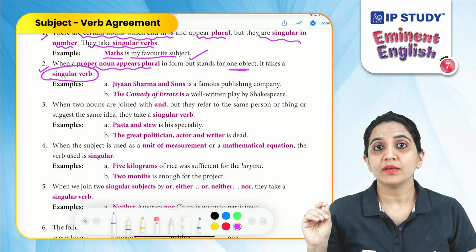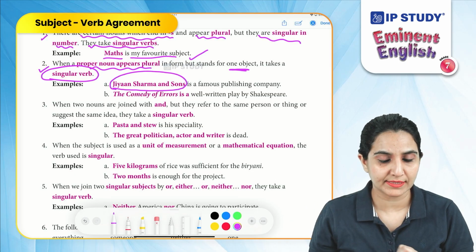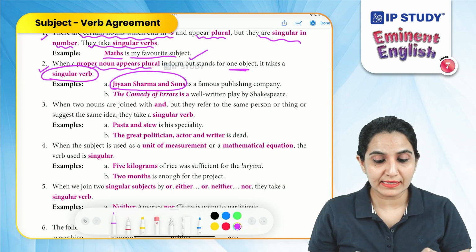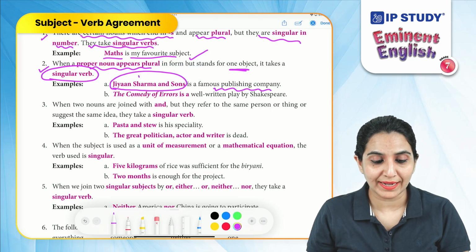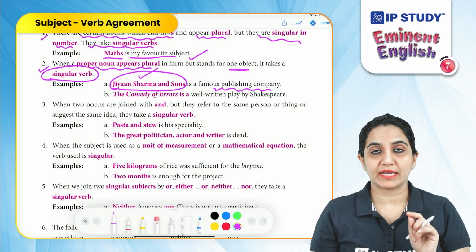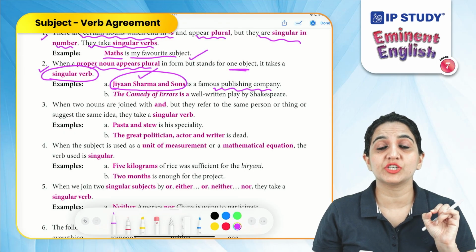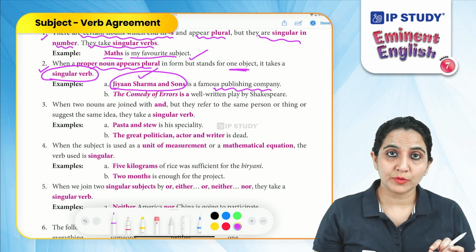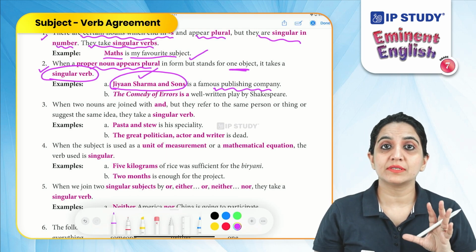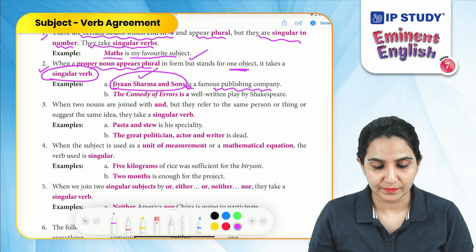So for it, we use a singular verb. Gyan Sharma and Sons is the name of a famous publishing company. Now this is one company. It is one object. But the name appears plural because it is Gyan Sharma and Sons, right? So since it appears plural, but we're talking about a singular subject, we take a singular verb, is.